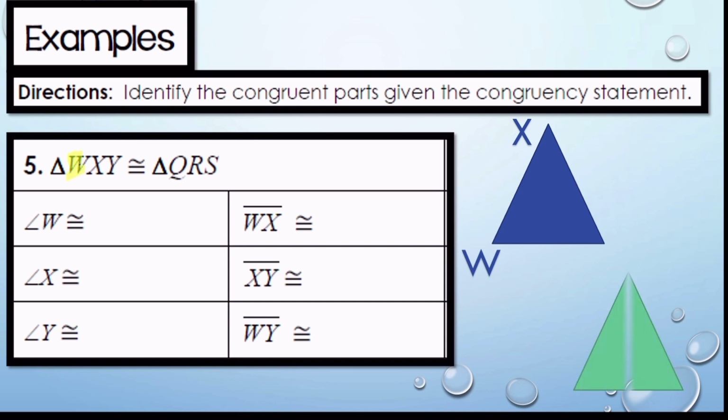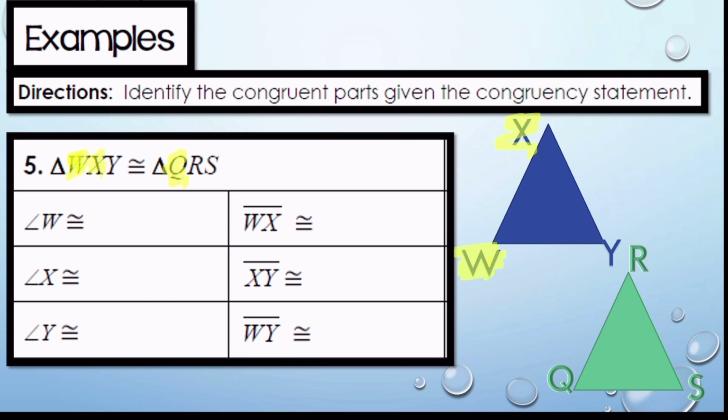Well, if we draw the other triangle, that bottom corner was W. What came first in the green triangle? Q. So that's what needs to go there. X came next and X went here, so guess what needs to get drawn next? R. Then finally, Y is last and S is last, and they need to sit in the same spot.